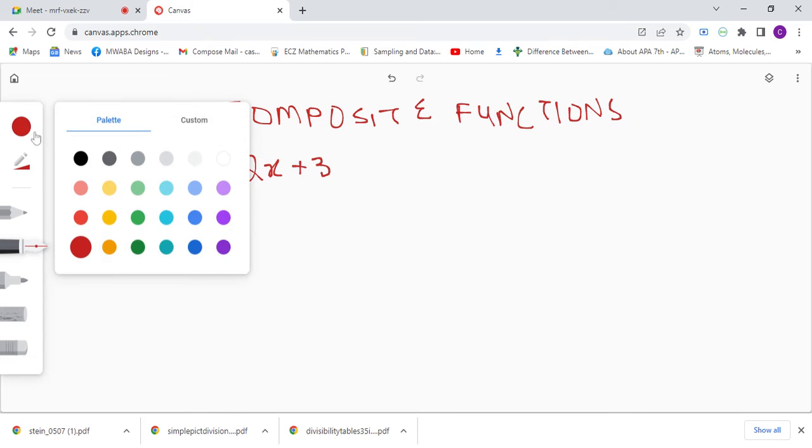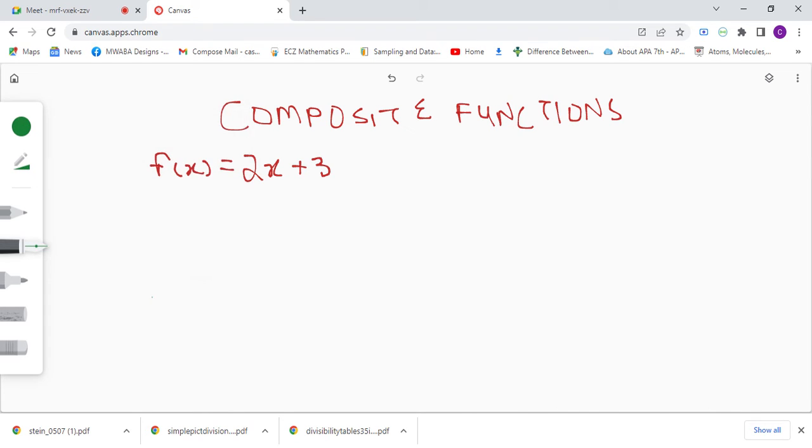And we have another function, let's say g of x equals x plus 1. So we have two functions here, f of x and g of x.